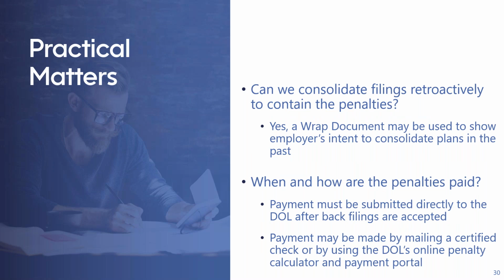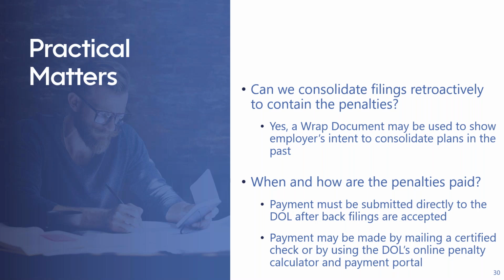Now, can we consolidate filings retroactively to contain penalties? Yes, and we highly recommend adopting the wrap plan to consolidate the plans under one filing. You can set the original effective date of the wrap to cover the first 5500 that was due. So if you know you're 5 years late and your plan year starts on 1/1, say you missed 5 filings, you can set it back to January 1st of 2016, or whichever year you need to cover all of your filings.